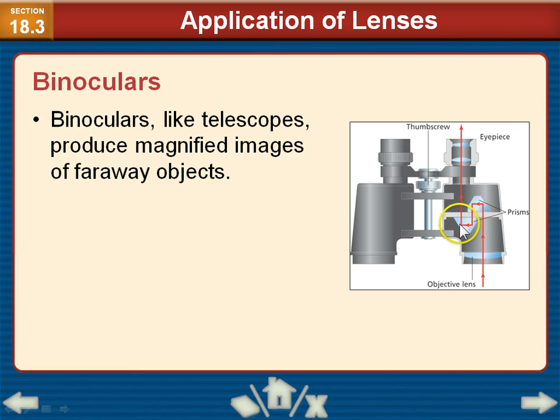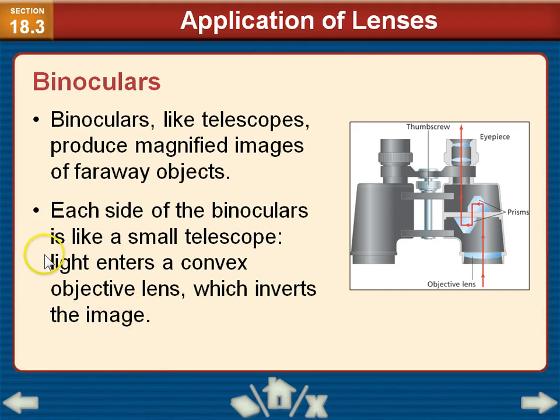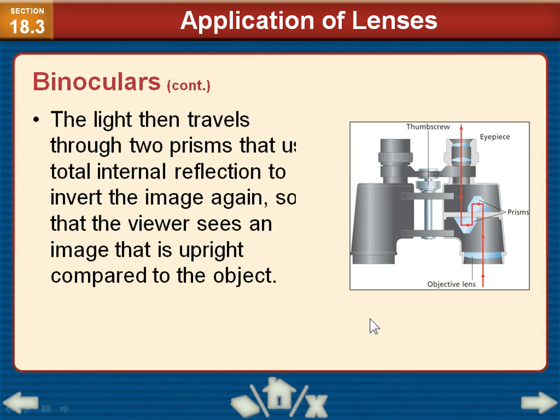The prisms work just as well, and then direct it through the eyepiece. Each side of the binocular is like a small telescope, and light travels through a couple of prisms. Remember the total internal reflection that we've talked about, and so the viewer sees the image correctly and right side up.